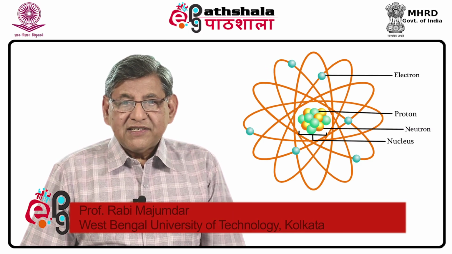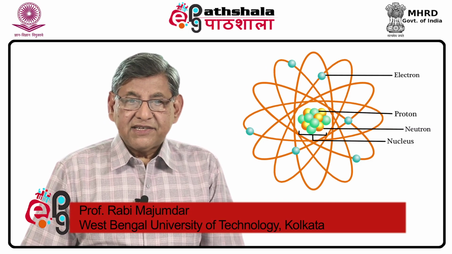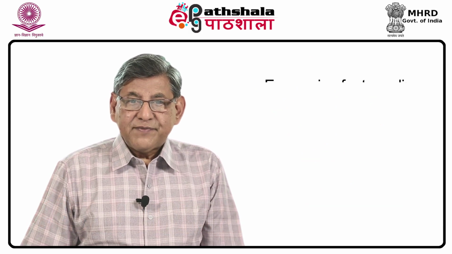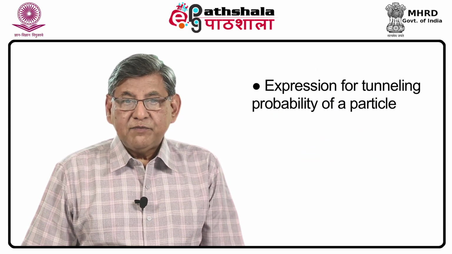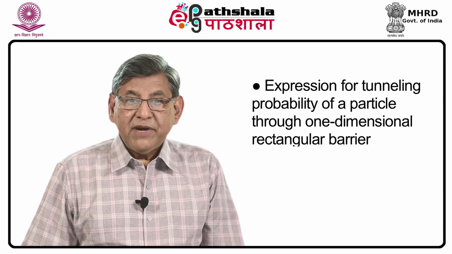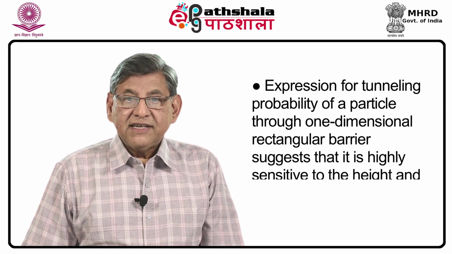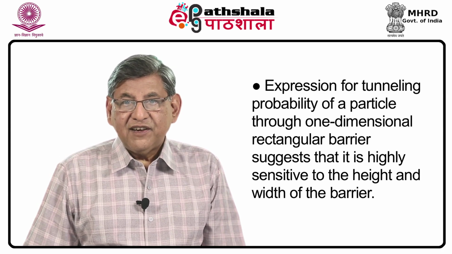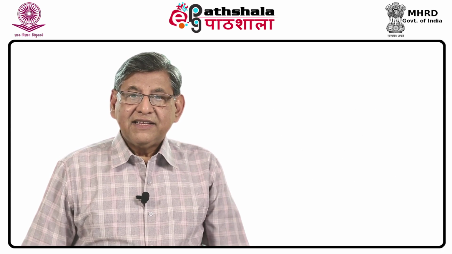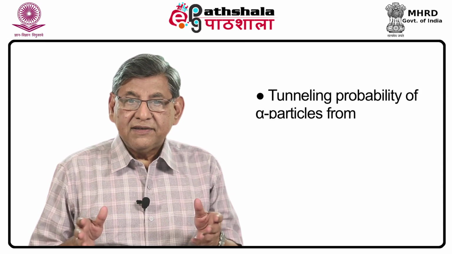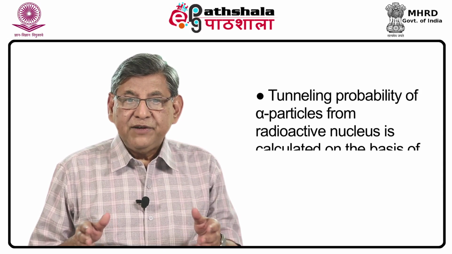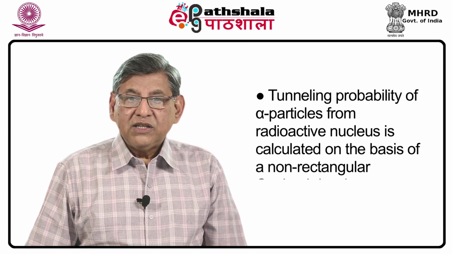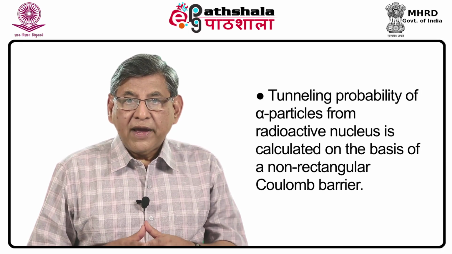Let us now summarize what we have learned from this lecture. The expression for the tunneling probability of a particle through a one-dimensional rectangular barrier suggests that it is highly sensitive to the height and width of the barrier. The tunneling probability of alpha particles from a radioactive nucleus is calculated on the basis of a non-rectangular Coulomb barrier.